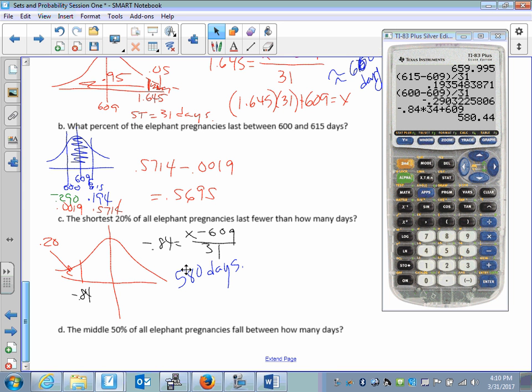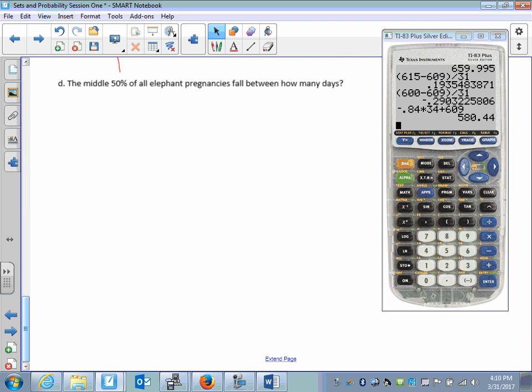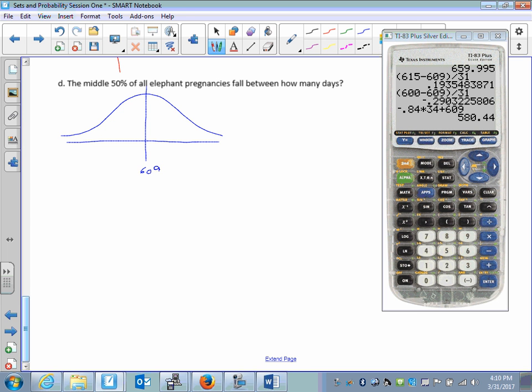And last but not least, the middle 50% of all elephant pregnancies fall between how many days? Okay, let's just extend this a little bit and draw ourselves a picture again. This time we have the mean, which is again 609 days, and we want the region in here to be 50%.